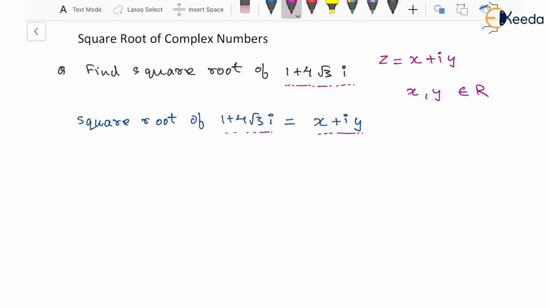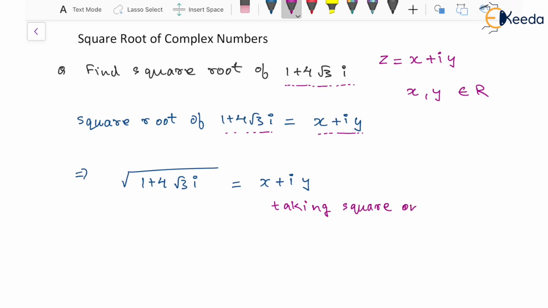The square root of this is going to be x plus iy. Therefore, the square root of 1 plus 4 root 3i is equal to x plus iy. So one thing we can do is take the square on both sides so as to compare the terms on the left side and the right side.